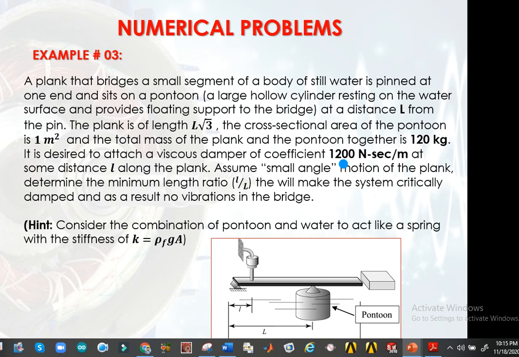The sum of all moments about the pivot point depends upon the restoring forces. Two restoring forces are here, one from the damping element and the other from the stiffness element. So multiplying the known terms, rearranging, and dividing the inertia term throughout the equation, the term left with theta is a square root term known as the natural rotational frequency.